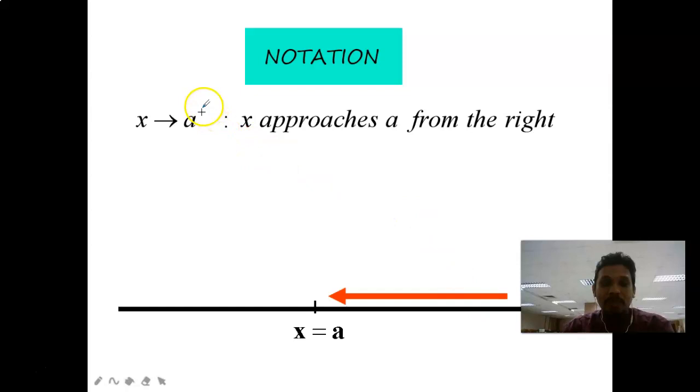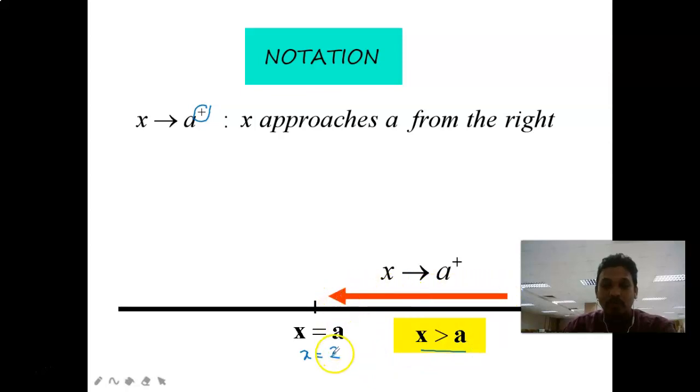When x approaches a from the right, the plus symbol means x approaches a from the right side, so all values of x are greater than a. For example, if x approaches 2 from the right, then x is 3, 4, 5, 6, all values greater than a.